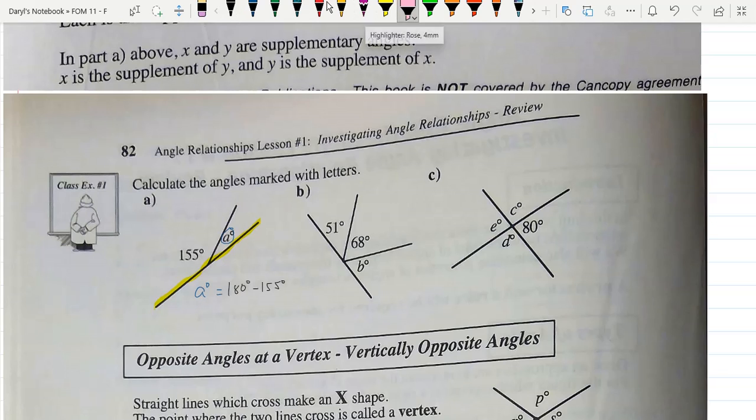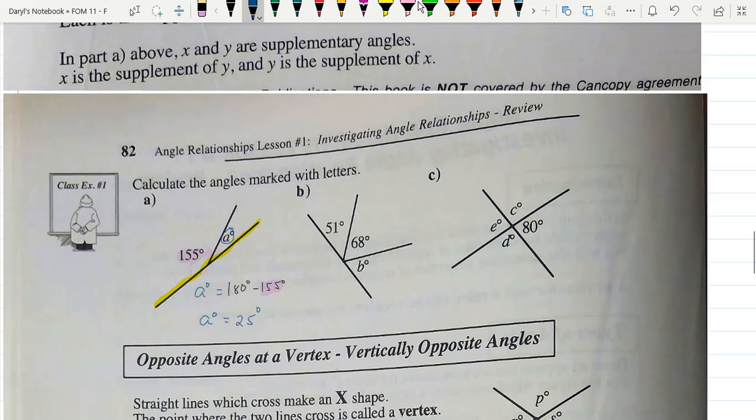So where did you get 155 degrees? Well, this angle here, so from here to here, that's 155 degrees. So that is where you get your 155 degrees. Therefore, angle A would be 25 degrees. Okay, that would be 25 degrees.